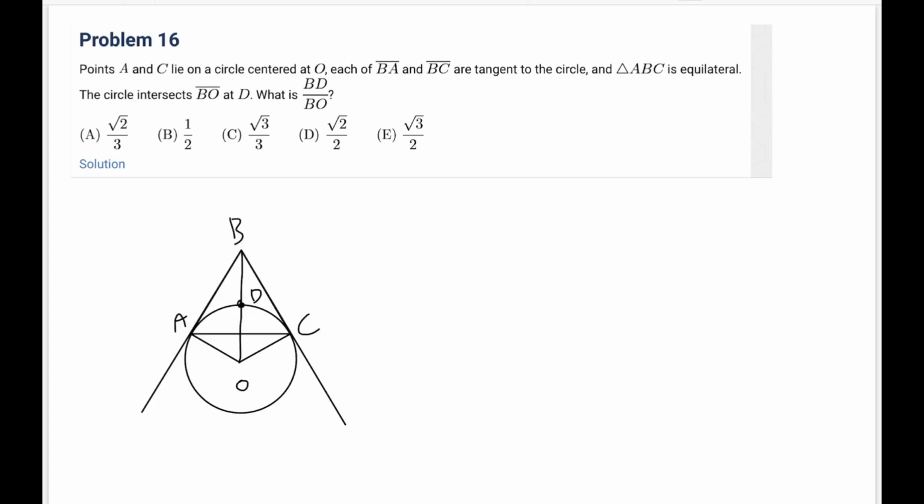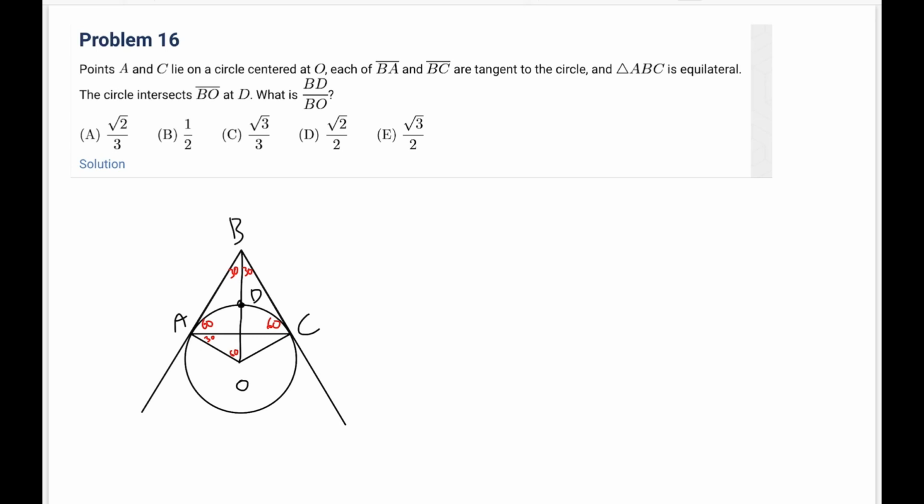Since this triangle is equilateral, we can see that this is 60, this is 60, therefore this is 30, and this is 30. And since this is similar to this, this is also 60 and 30. And so therefore we can say that the ratio of this to this would be 1 to 2.